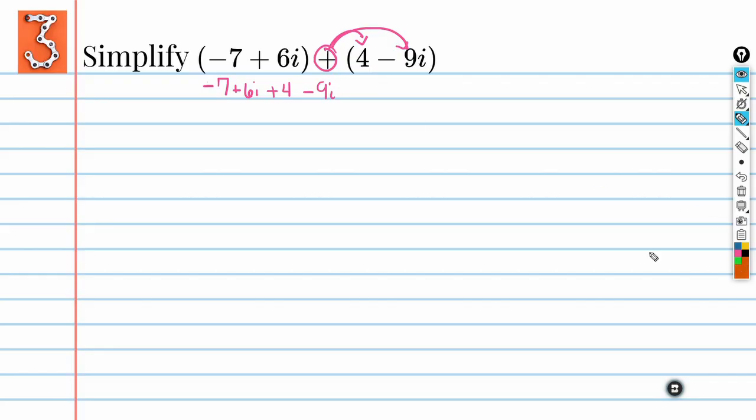And so when we group our real portion together, we end up with negative 7 plus 4, which is negative 3. And then when we group our imaginary portion together, we have a positive 6i minus 9i. 6 minus 9 is negative 3i. And so that leaves us with the answer of negative 3 minus 3i.